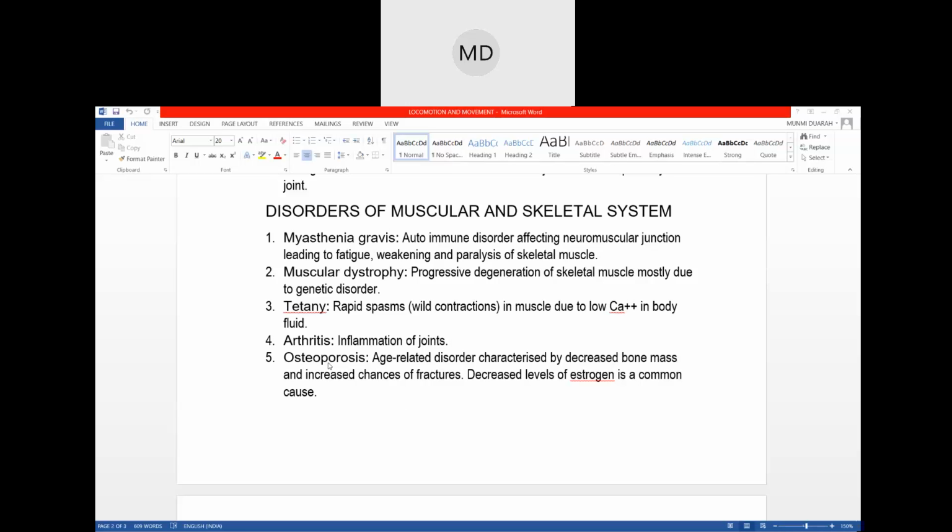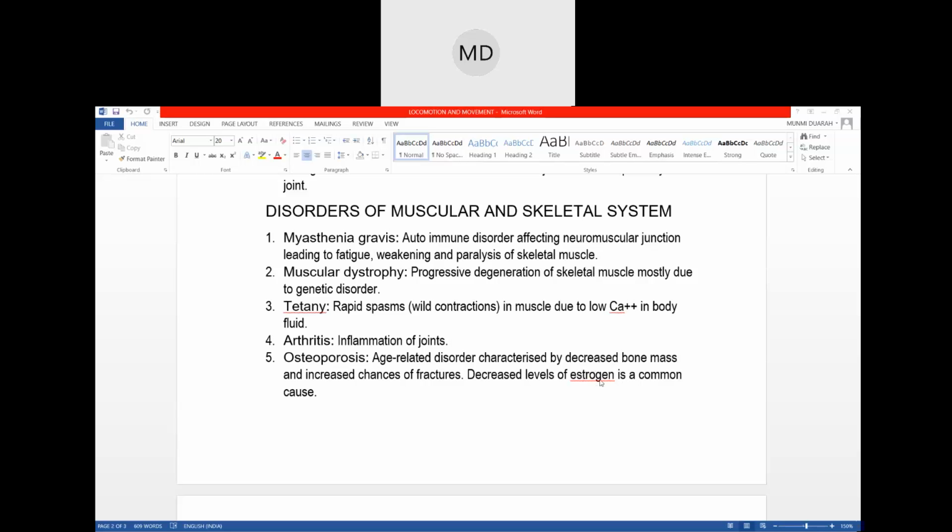And why generally in women? Because of menopause. All of you know, the menstrual cycle in females continues up to a certain age, after 50 or 60 it stops. After a woman reaches the menopause stage, the estrogen level decreases.